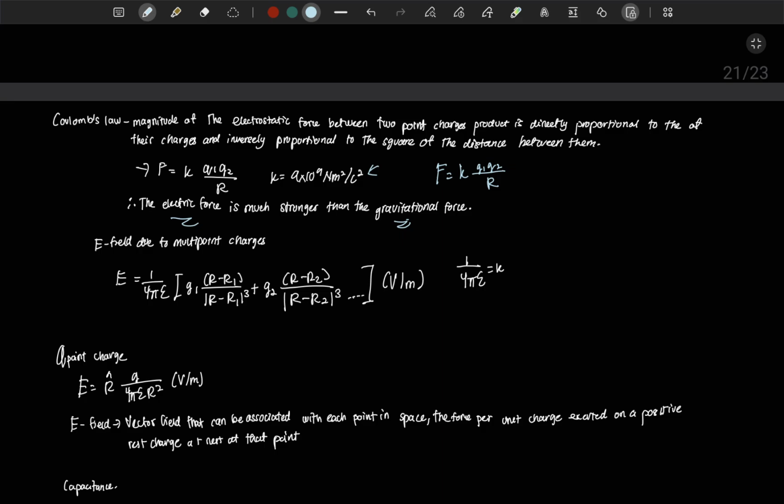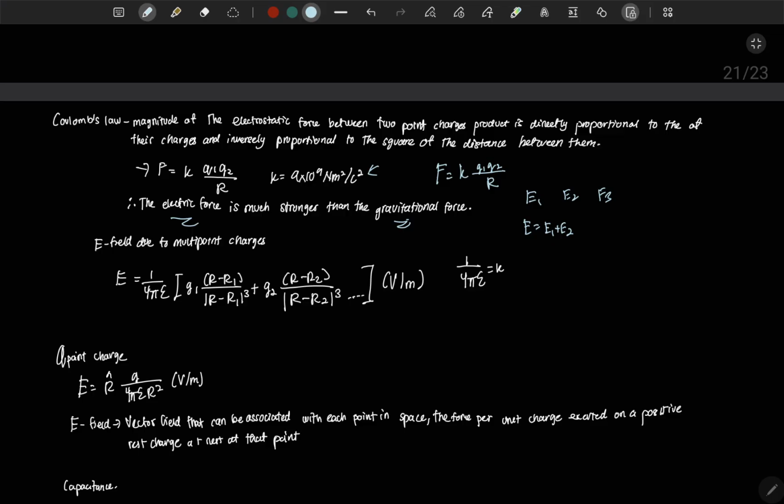In electromagnetic theory, you need to understand that the total electric field is the sum of individual fields. We may have many fields E1, E2, E3, so the total E is E1 plus E2, the sum of them.